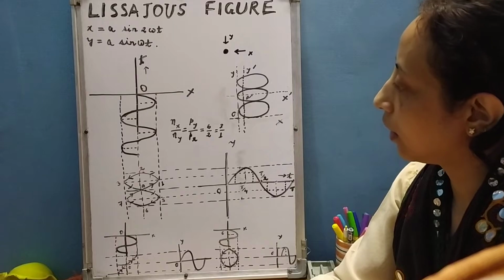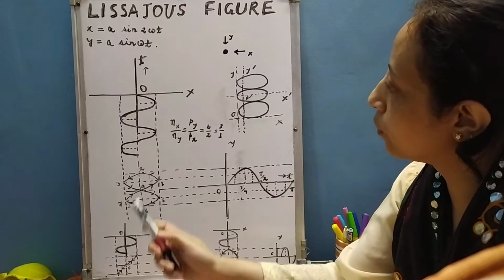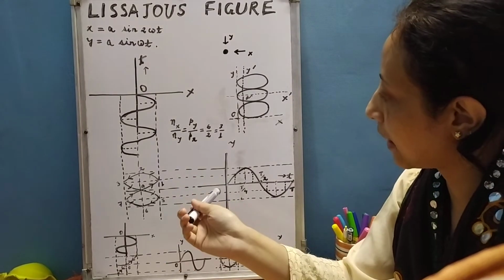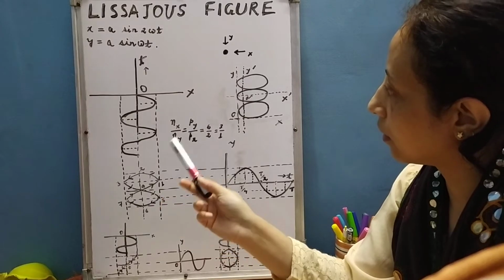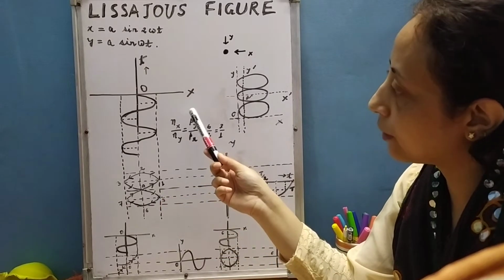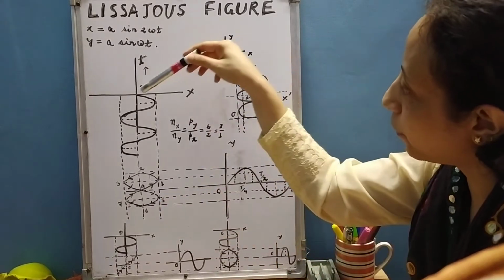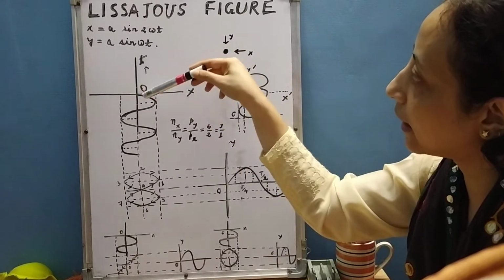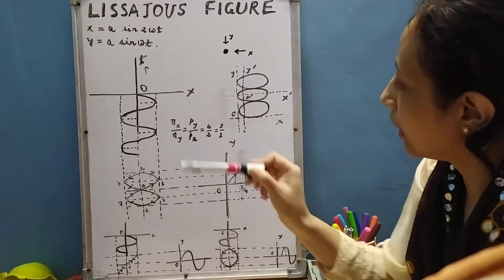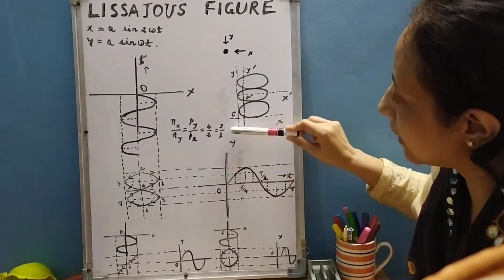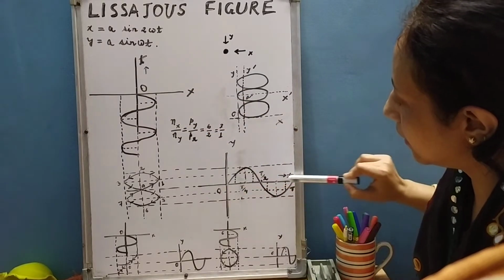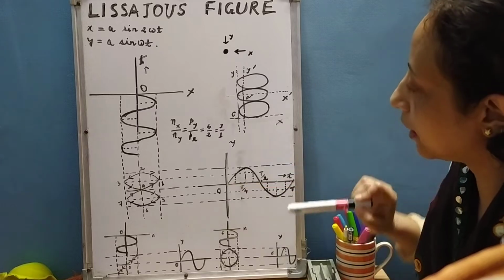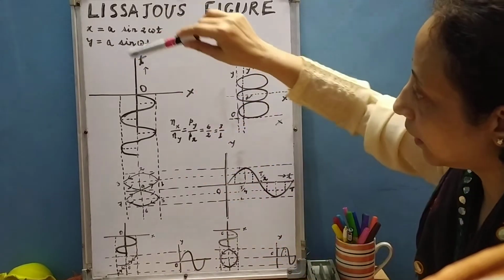So that we can map the two vibrations simultaneously, we have plotted the x vibration along this direction and the time axis along this direction. Then the y vibration we have plotted like this, with the time axis as this one.